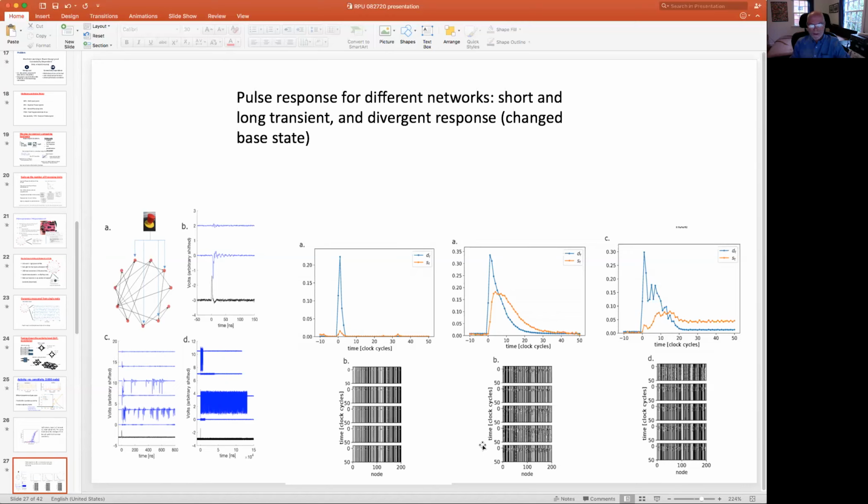They may have a long transient returning to the original state in the middle case. And there are also other reservoirs where a pulse sends it on a transient, but then the reservoir returns to a different state than it was before. So short and long transients, and then convergent or divergent responses, depending on various aspects of the reservoir design, including gate type and sensitivity.